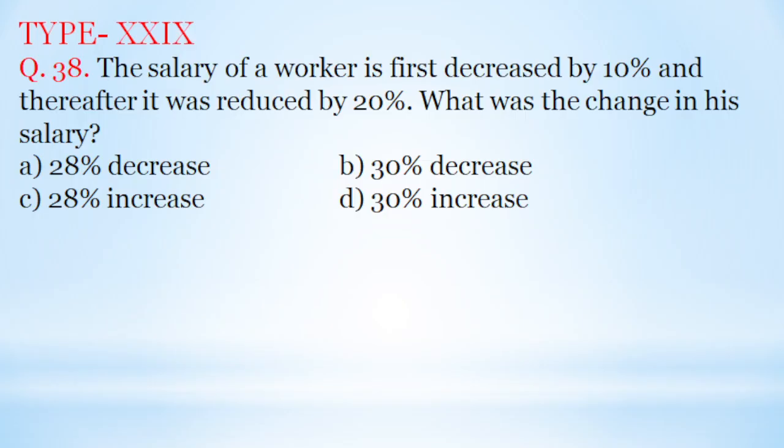Now type 29, question number 38. The salary of a worker is first decreased by 10% and thereafter it was reduced by 20%. What was the change in his salary? Now, listen here.